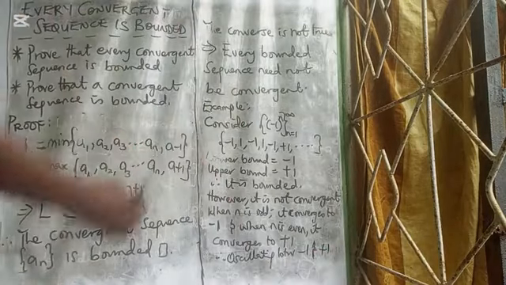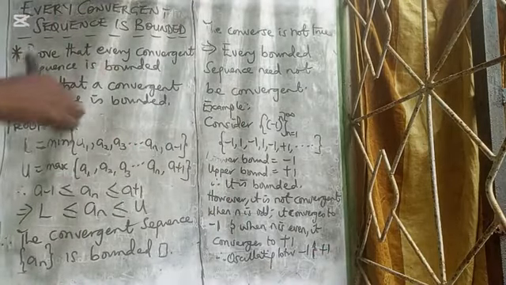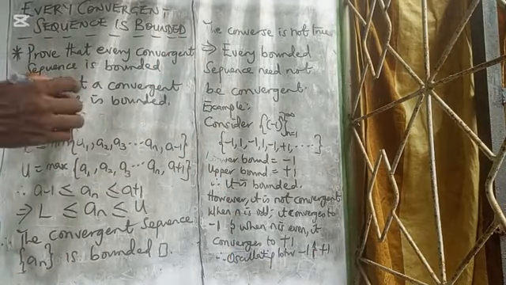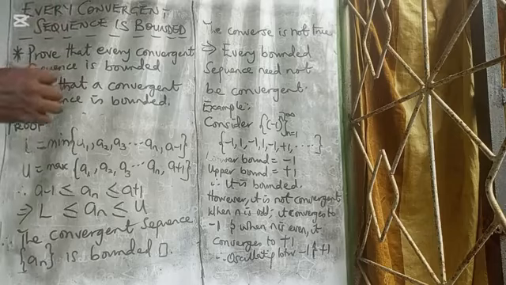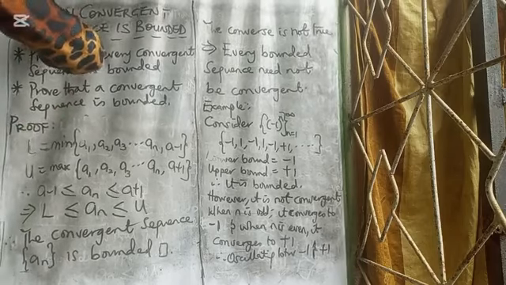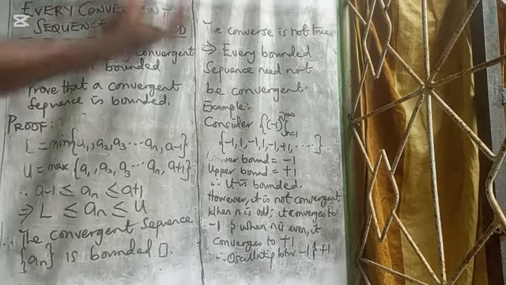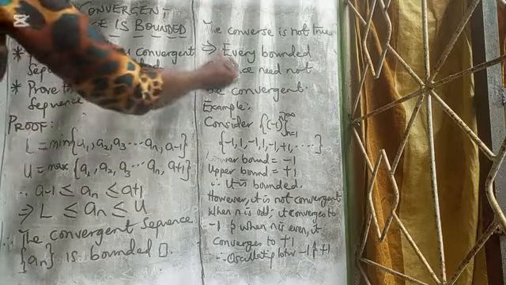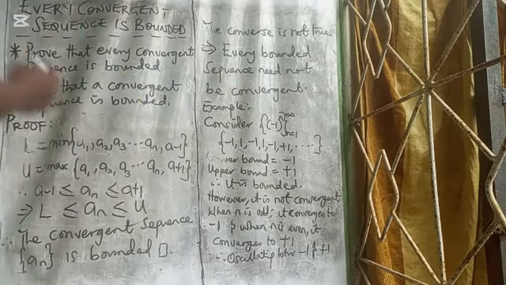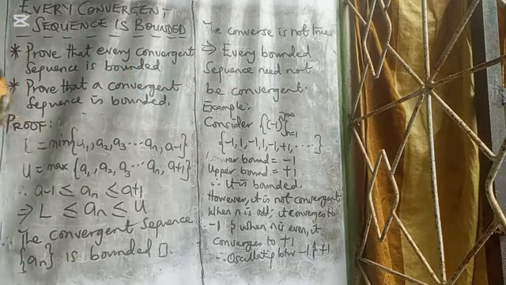As such, it is not convergent, but it is bounded. That's why we said that the converse of the statement, every convergent sequence is bounded, is not true. And that is what we have shown in the example, that every bounded sequence need not be convergent.